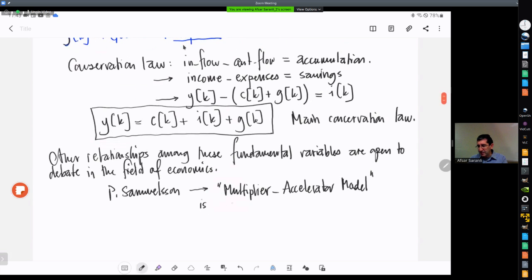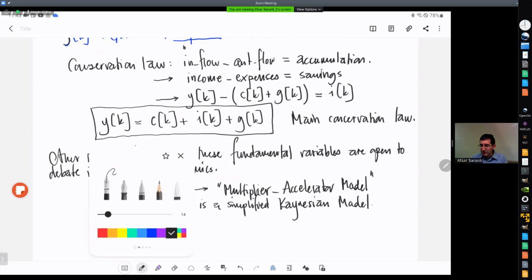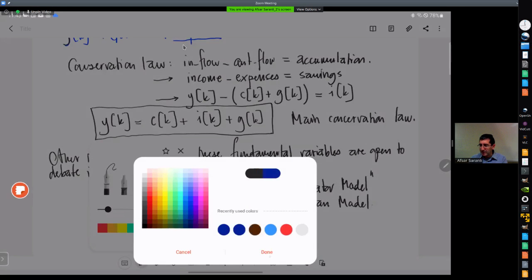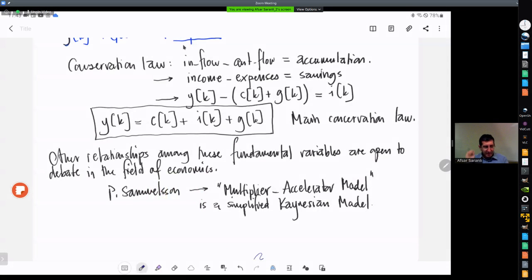It is a simplified Keynesian model. Let's discuss what that implies for our variables.